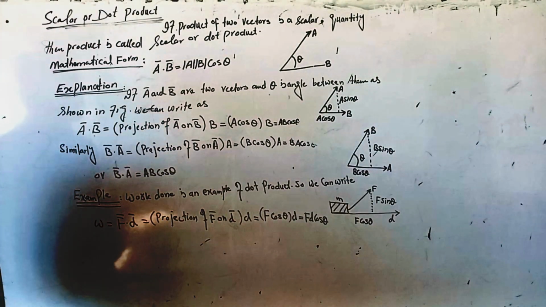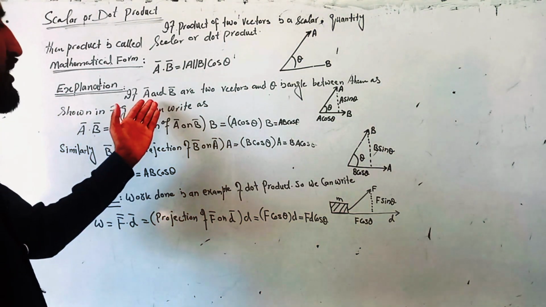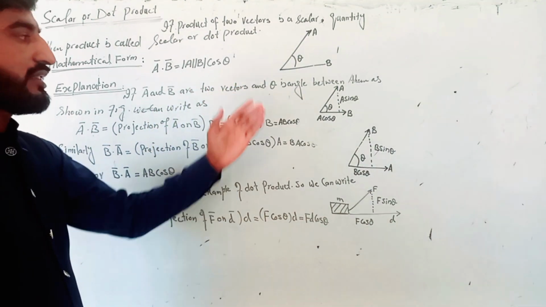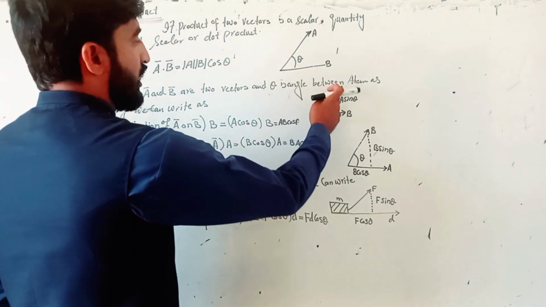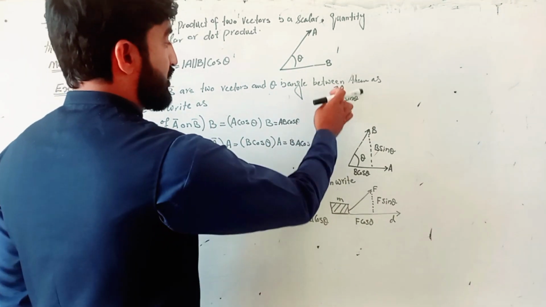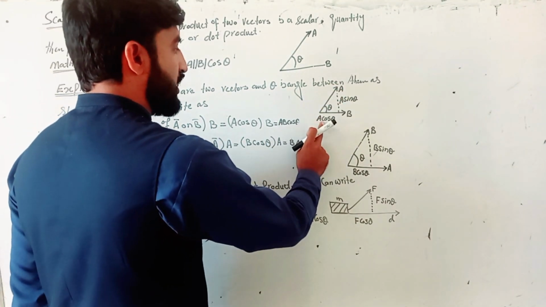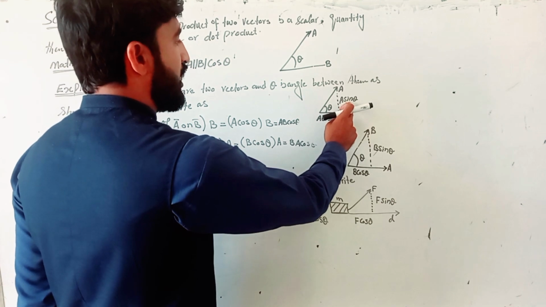Now let's explain this dot product. If we have two vectors A and B and the angle between these two vectors is theta, we will resolve vector A into its components. Its horizontal component will be A cos theta and its vertical component will be A sin theta.